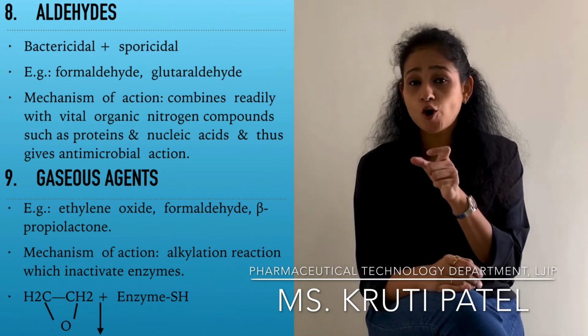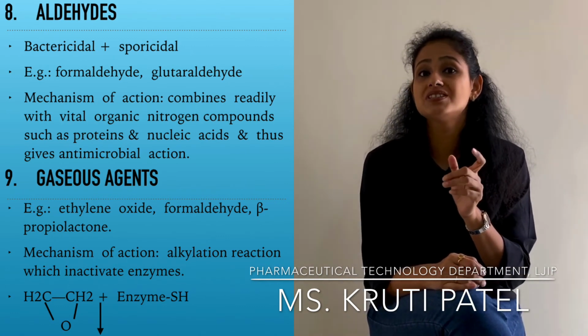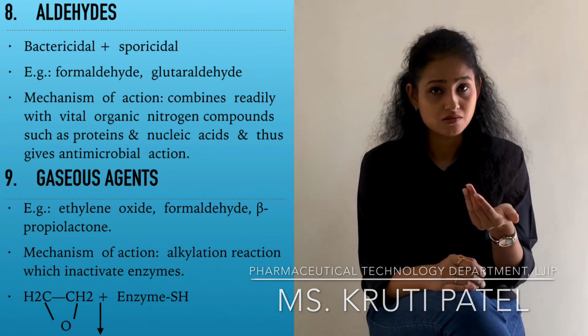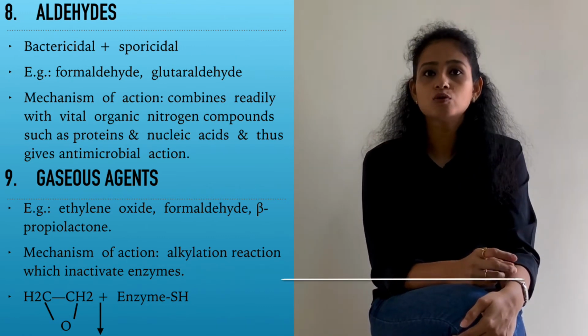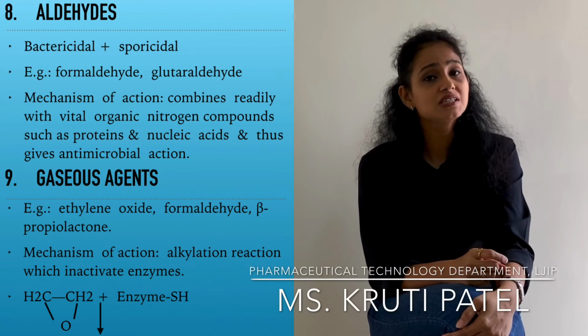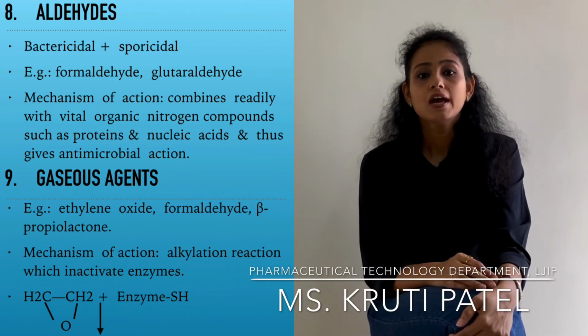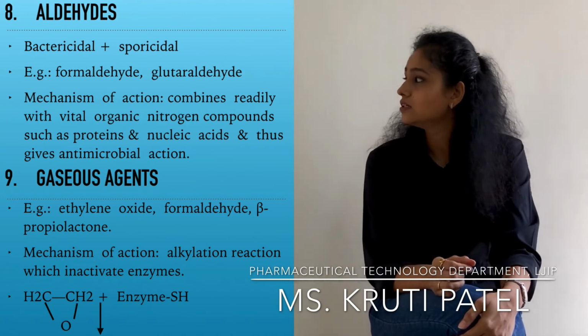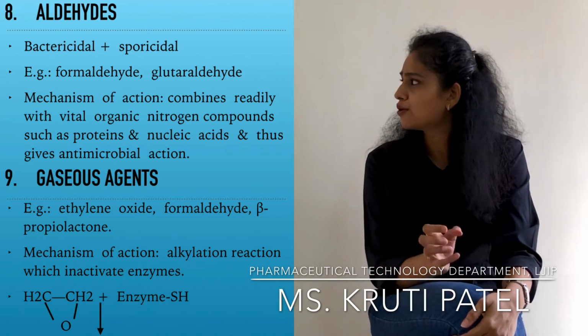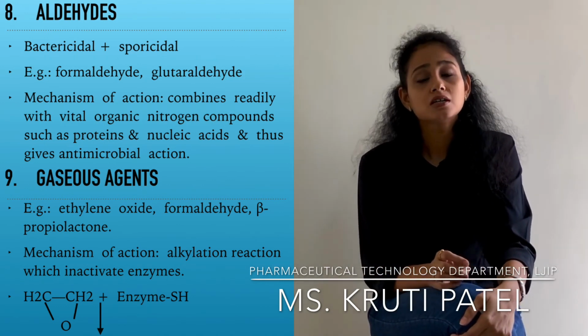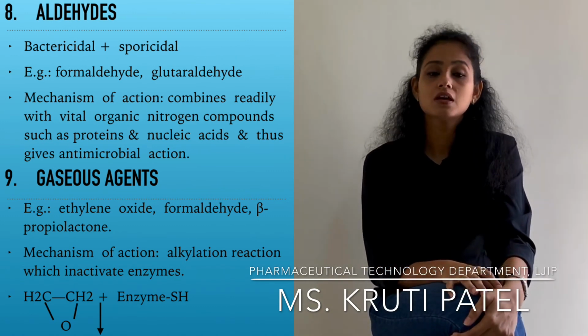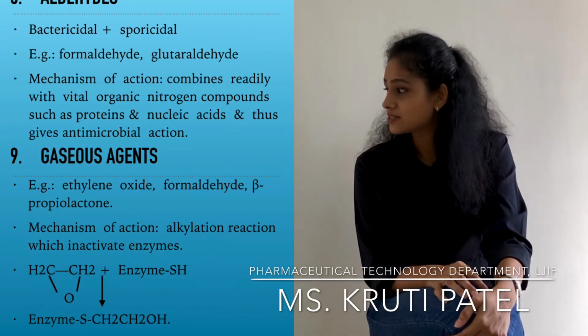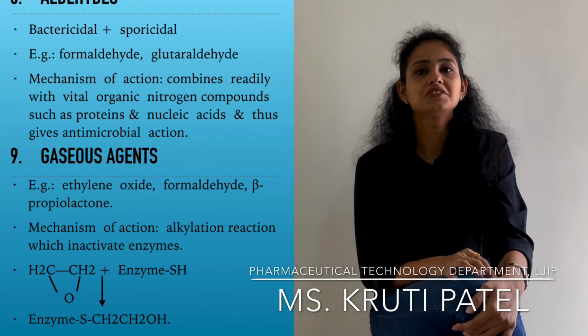Now this formalin is widely used for preserving bodies. Aldehydes are both bactericidal plus sporicidal, meaning they can kill spores also. If you look at the mechanism, it combines with the vital nitrogen compounds of the cell, and thus kills the microorganisms.